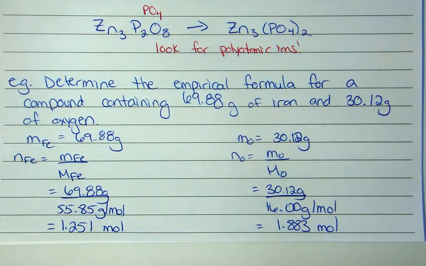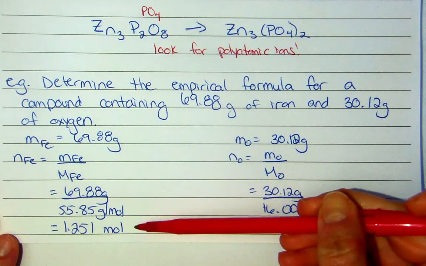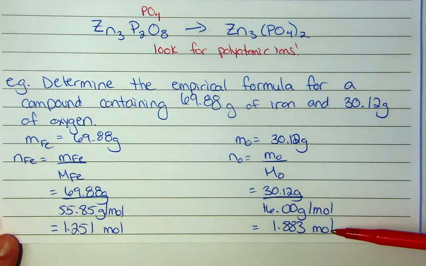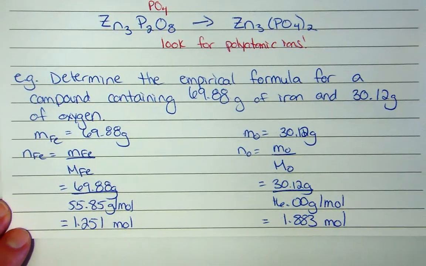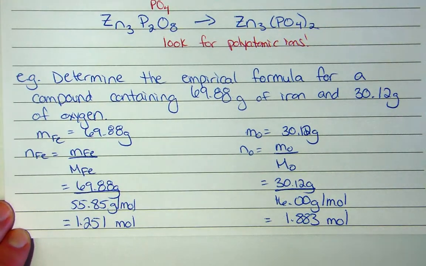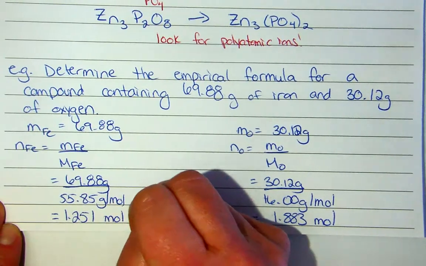Okay, here are our two molar values of each element: 1.251 moles of iron, 1.883 moles of oxygen. Which one of these will we divide by to get our ratio? Correct. Iron. Iron is the lowest.